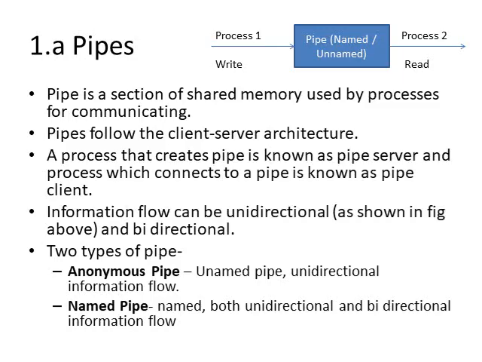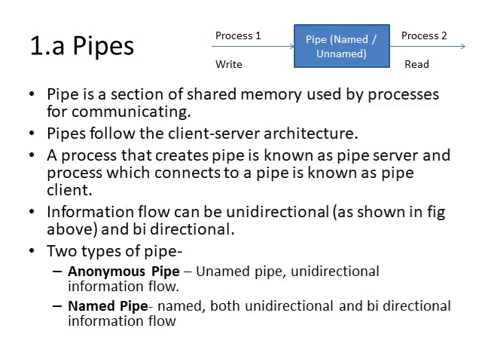The process which has created the pipe can only write into that pipe, whereas all other processes connected to the pipe can only do the read operation. So it follows only unidirectional information flow.